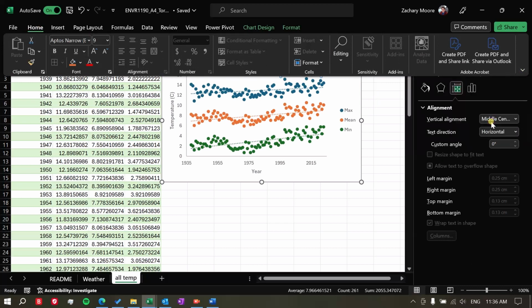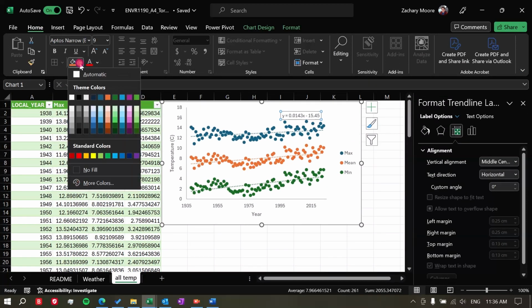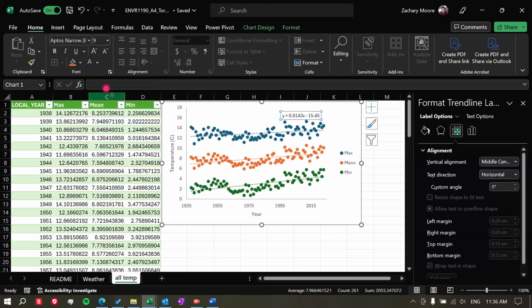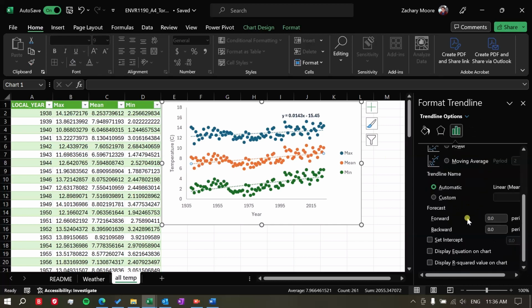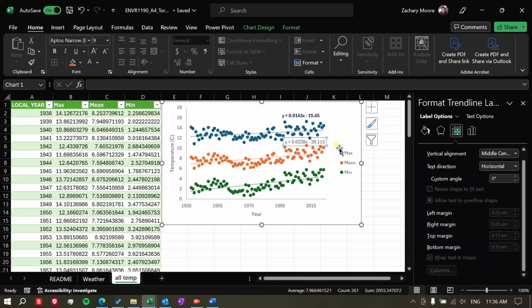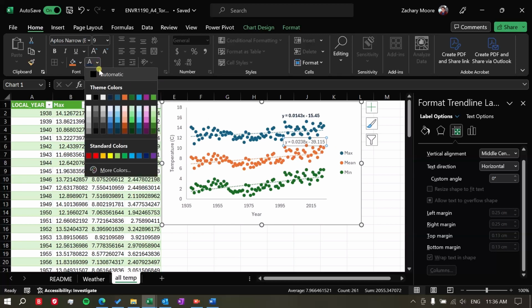If we go to our home tab, we can change the color of it so that it matches our colors and we can see it a little better, and we'll make that bold with Control B. We'll do that for each of these so that we can display the equations that the linear regression is coming up with for each of these different dependent variables.